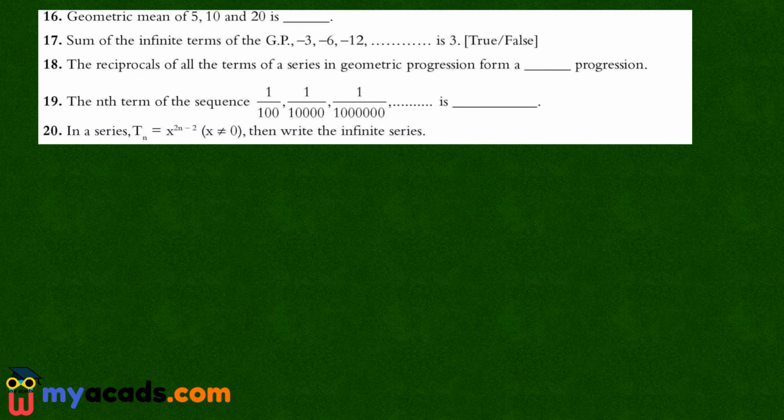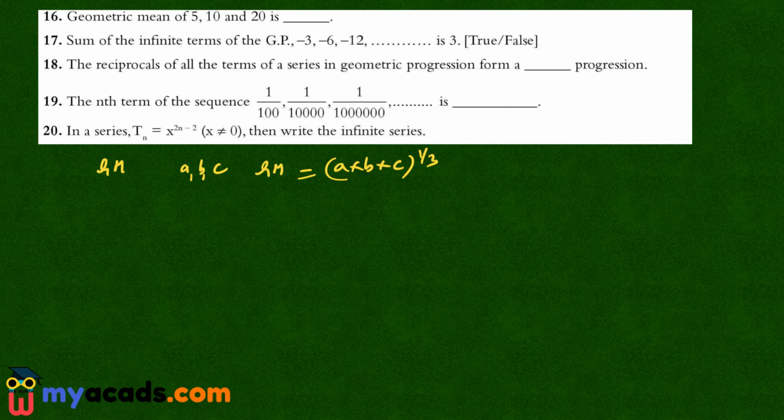My question number 16 is, geometric mean of 5, 10 and 20 is dash. Now I know that the geometric mean of three numbers a, b, c is a multiplied by b multiplied by c, and since there are three numbers, I will take the cube root of these three numbers' multiplication. So this is my geometric mean.